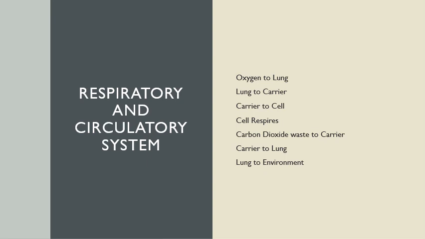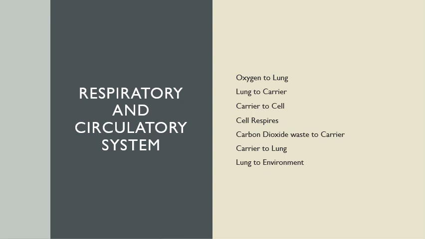Basically, here's the process. Oxygen gets into the lungs. From the lung, the oxygen gets transferred to a carrier cell. That carrier cell is, in us, red blood cells. From the carrier cell, it goes to the cell.